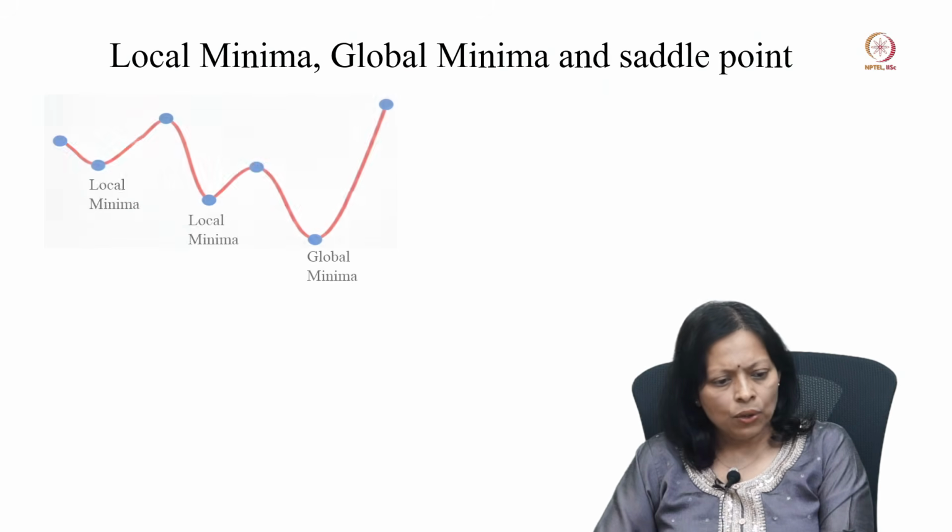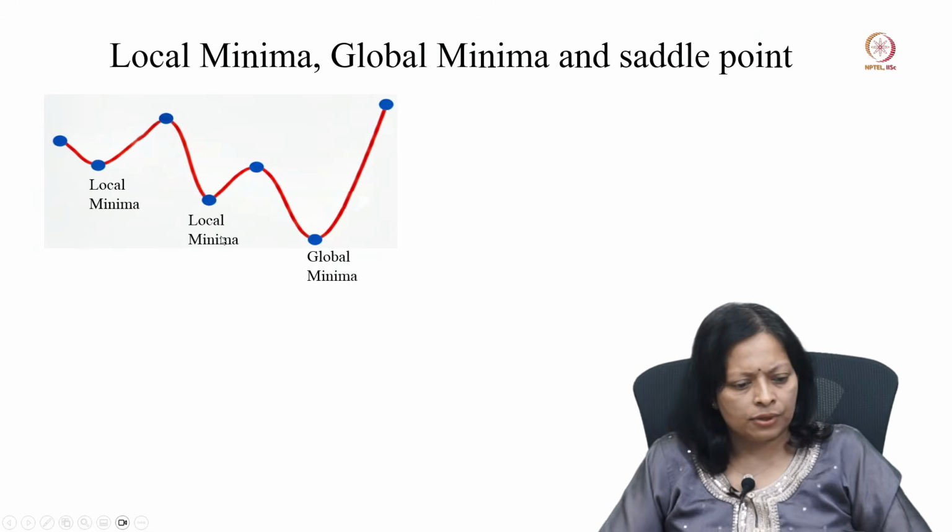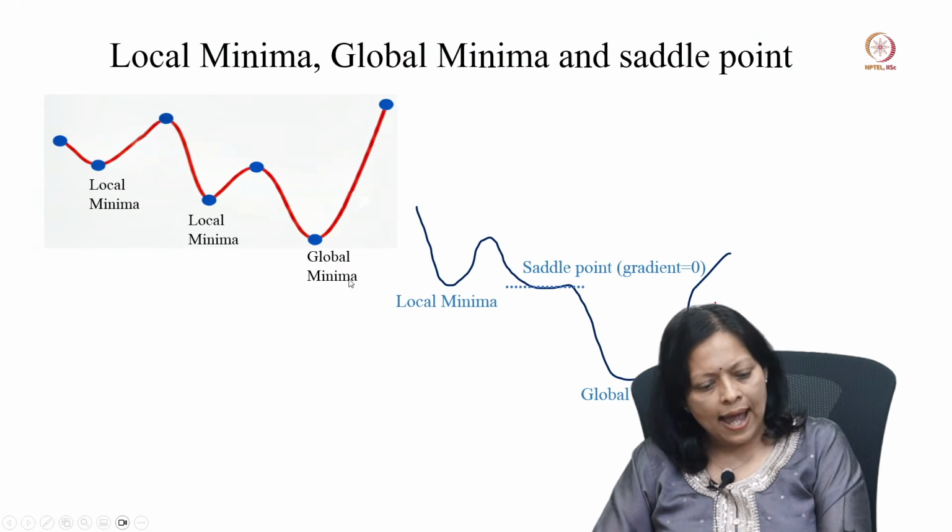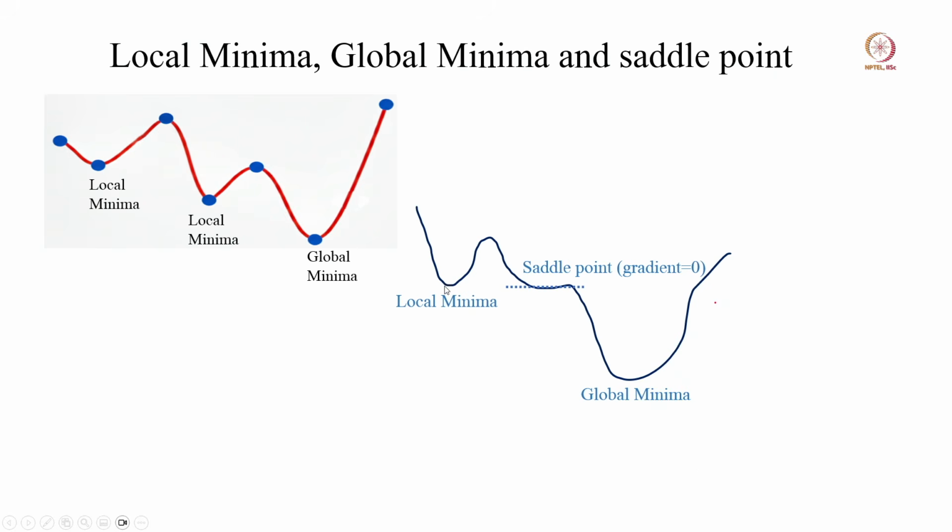Now, once again I will come back to this local minima picture, and there are two things that can happen here. When we have a non-convex loss function and a graph like this, while we are coming down the valley, the algorithm may get stuck here, because this also looks like a minima, and mathematically at any minima point the gradient is 0.